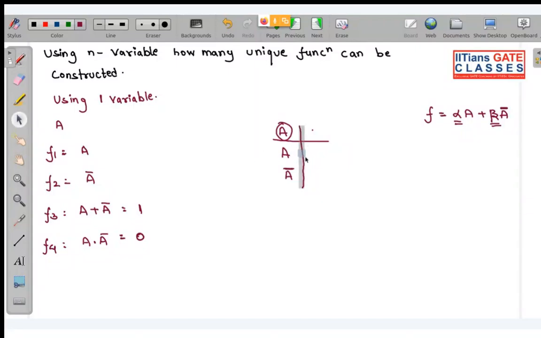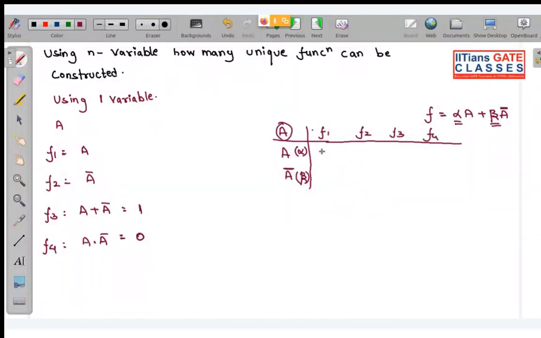See very carefully. Now what can be the possible values of alpha and beta? One zero, obviously.